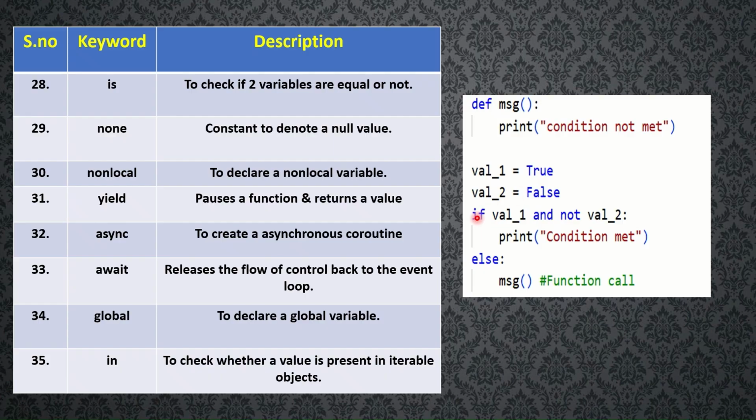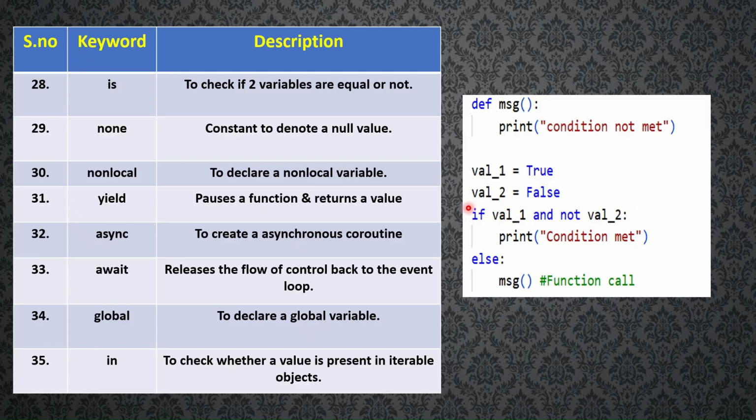And here I'm checking one condition using the if keyword. If val_one and not val_two. So here and is a logical operator, and not is also an operator that flips a truthy value to a false value, and it flips a false value to a truthy value.